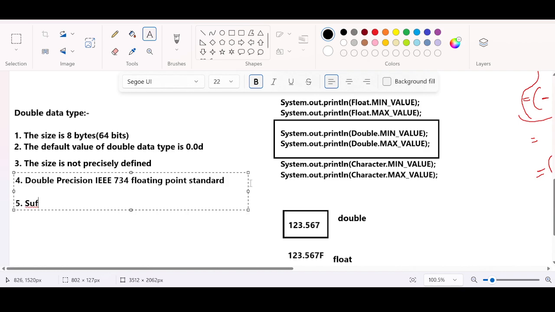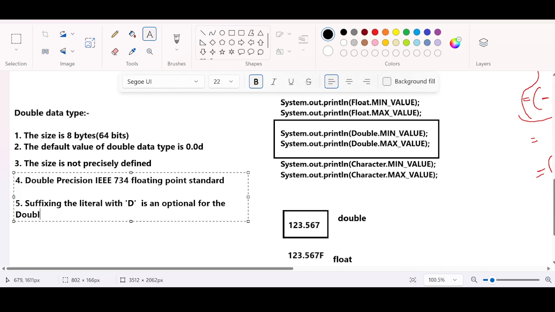Suffixing the literal is optional for the floating point data for the double data type. Okay, then what else we have?